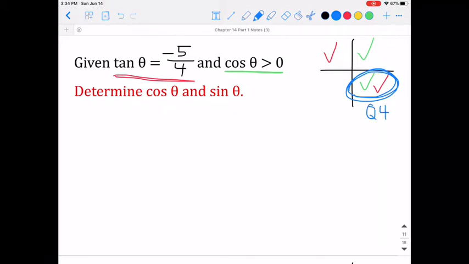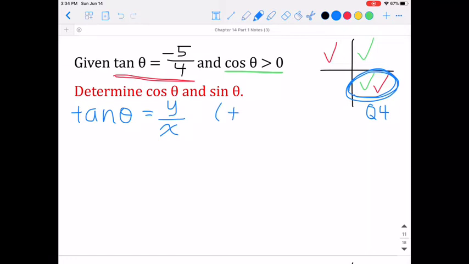So now we have tangent of theta, and we know that tangent of theta is equal to y over x. But right now we don't know if our x or our y values are positive. If tangent is negative and cosine is positive, remember cosine is represented by our x value, which means our x has to be positive in this case.